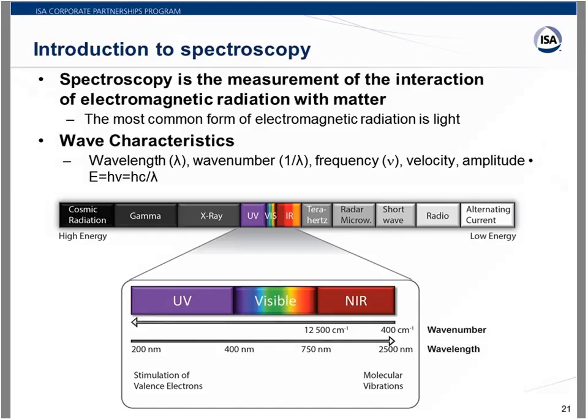Spectroscopy is the measurement of the interaction of electromagnetic radiation with matter. In most people's world, it means the measurement of light, because not many of us deal with gamma rays or X-rays or whatever.